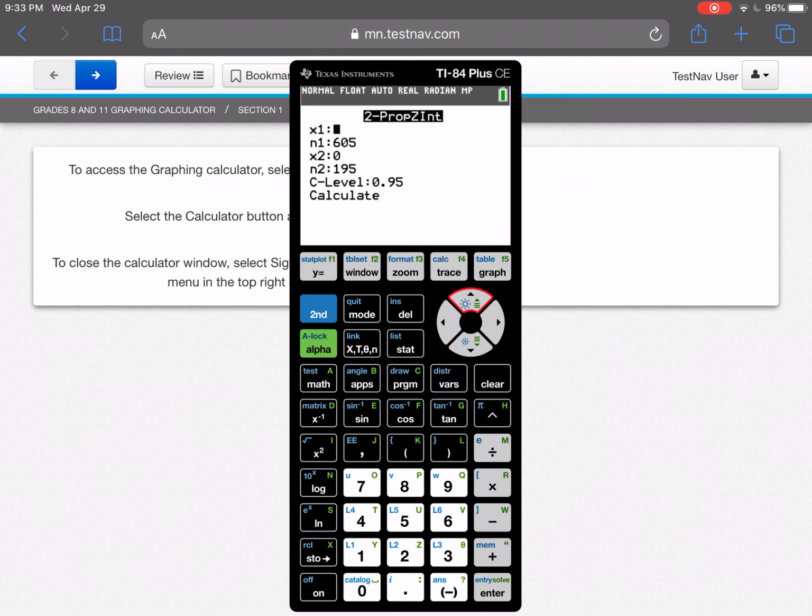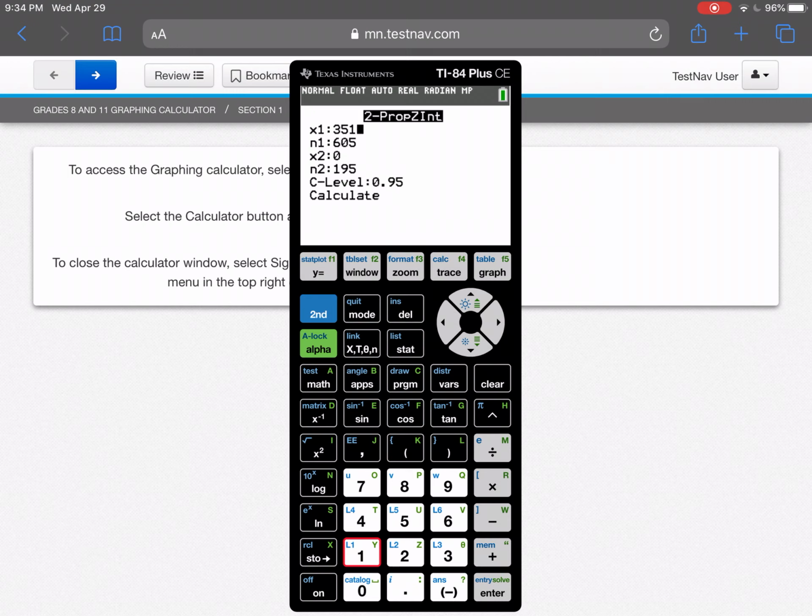So what you can do is take the n value times the p hat value, do it right in this screen here, and hit enter, it's going to give you that 350.9. That's the same number that we got in step 2. Now, since the sample proportions were rounded, the calculator can't accept an x value that's not a whole number. So I'm just going to round that up to 351.